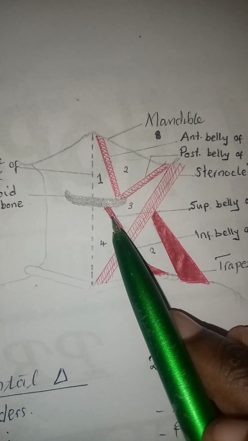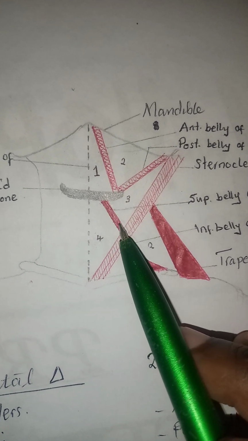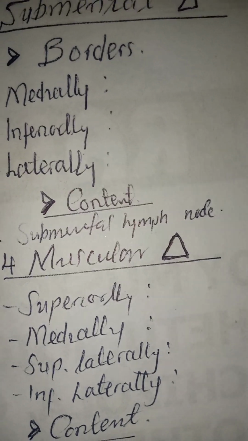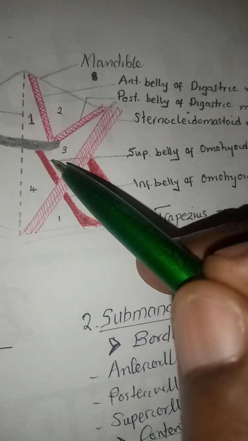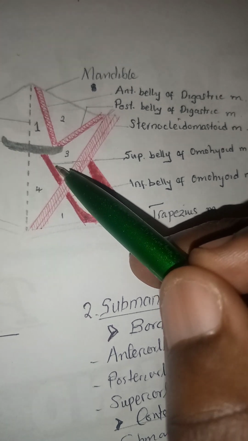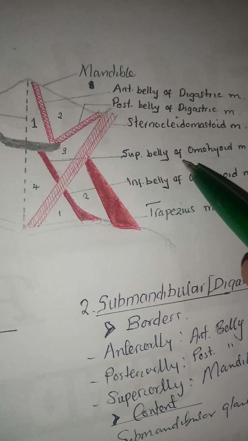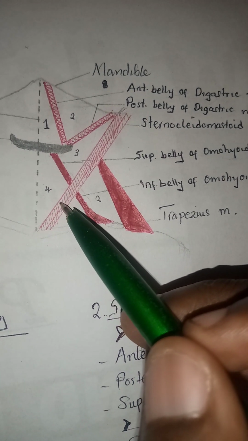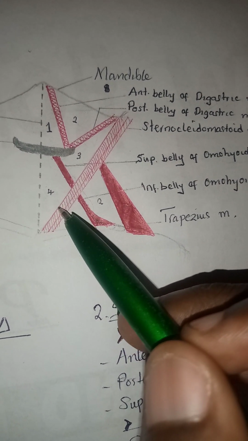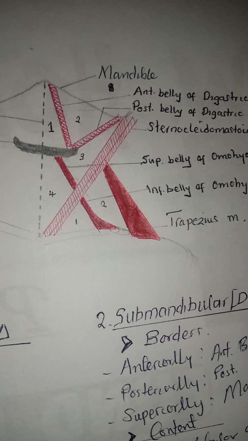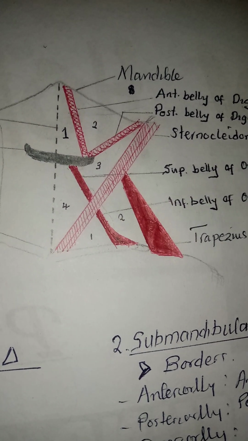The lateral aspect is bordered by 2 muscles, so it has been divided into 2. Superior laterally, it is bordered by the superior belly of omohyoid, and inferior laterally it is bordered by the inferior part of the sternocleidomastoid muscle. We are done with the borders.